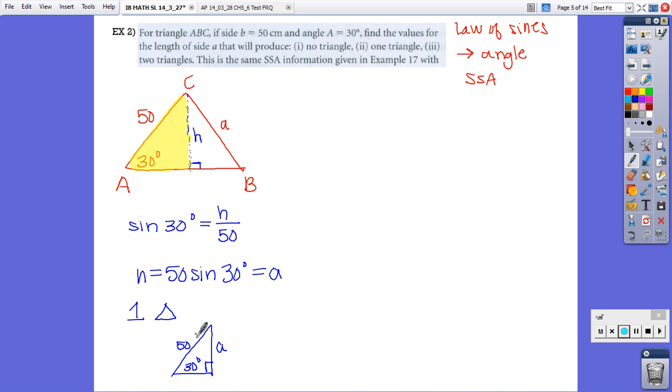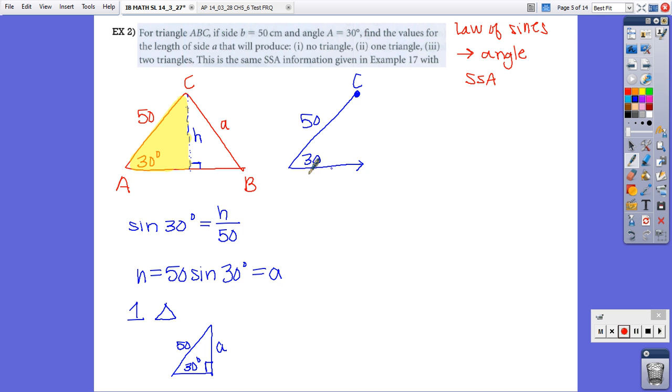Now, if A is too short, so let's draw the triangle again. If we know that this has to be 50, and we know this is 30, but we don't know how long this piece is, this is consistent, has to be that long.